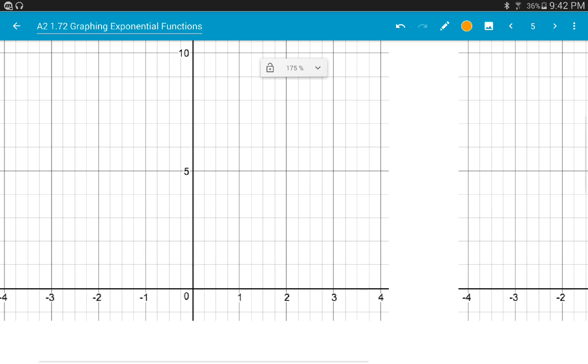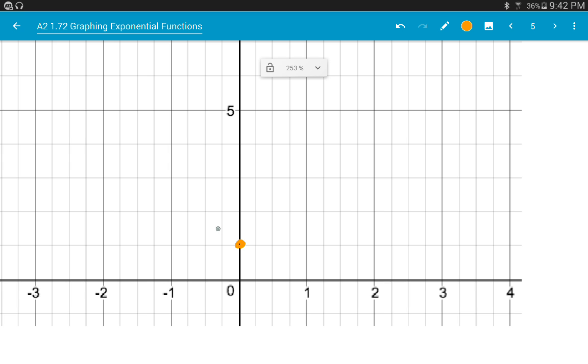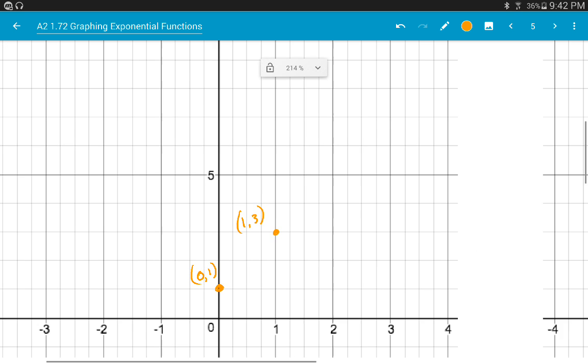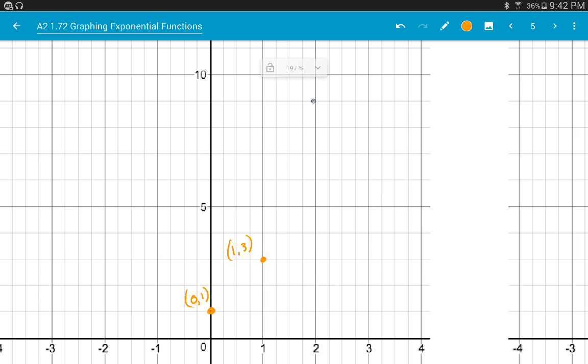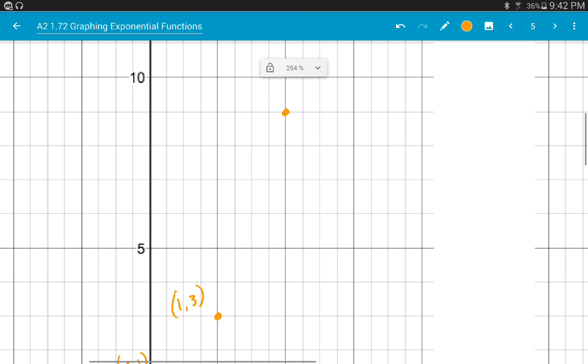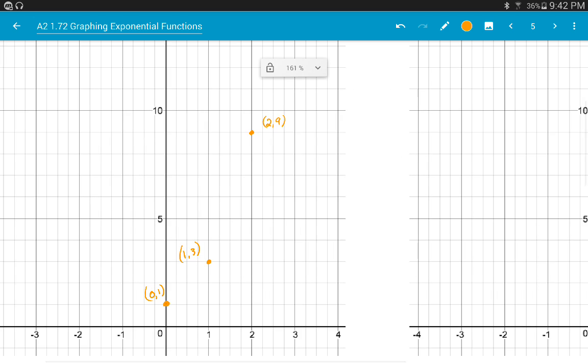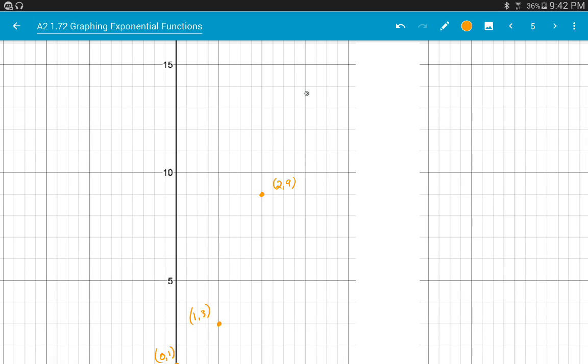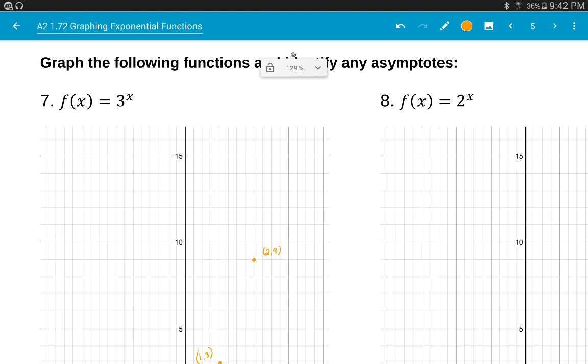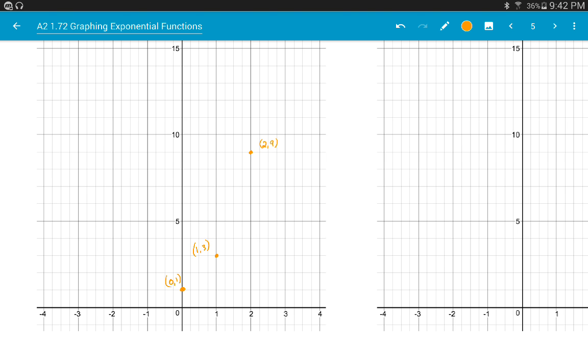The points, remember, are (0, 1), (1, 3), which should be right here, and (2, 9), which is all the way up here. (3, 27) would be way up here. It's way off the graph. I'm not going to be able to graph (3, 27).